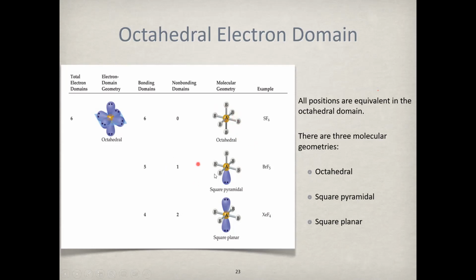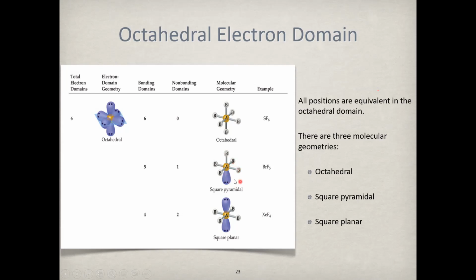But then when we replace one of the terminal atoms with a lone pair, in this case we're going to consider it the axial one, and we'll see why when we get to a second lone pair. But in this case, it could basically replace any of the electron domains, because again, they're all going to be separated by 90 degrees.